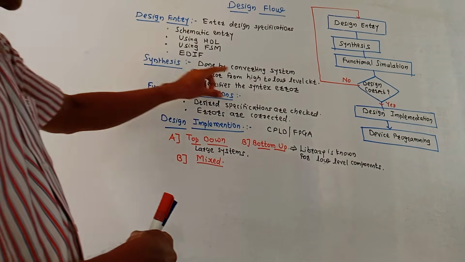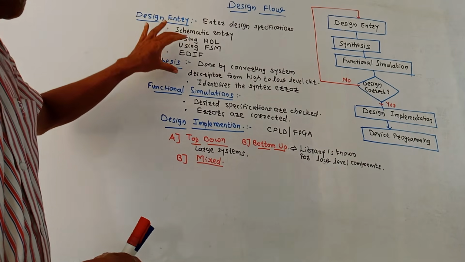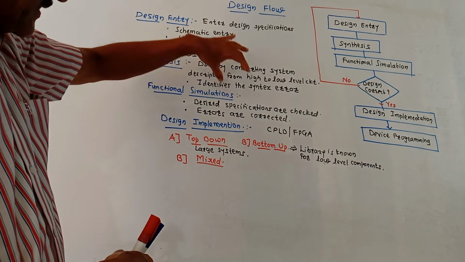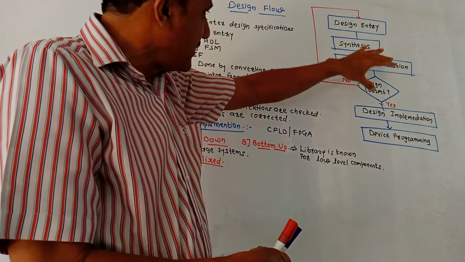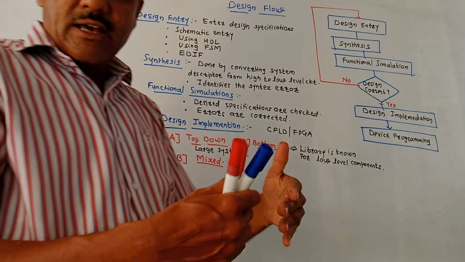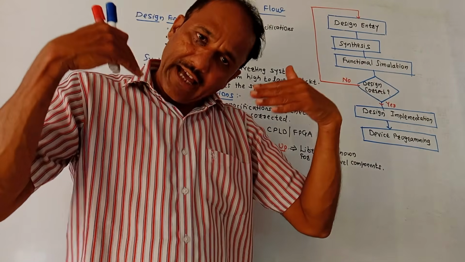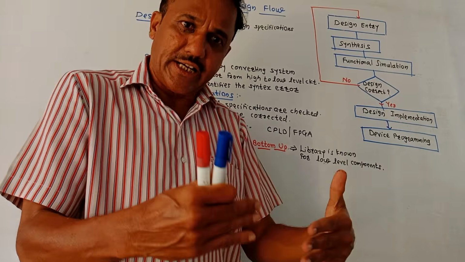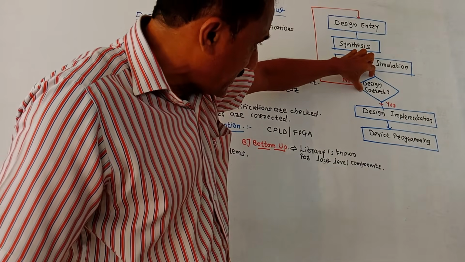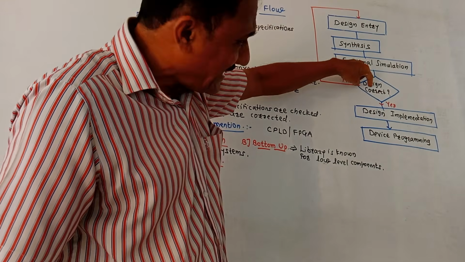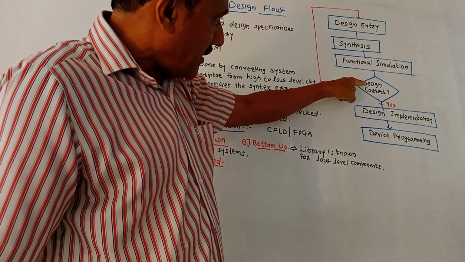Next block is functional simulator. The desired specifications are checked by using this functional simulator block. Then if there are errors, those errors are corrected. So this decision block indicates if there are design errors, then they are corrected.